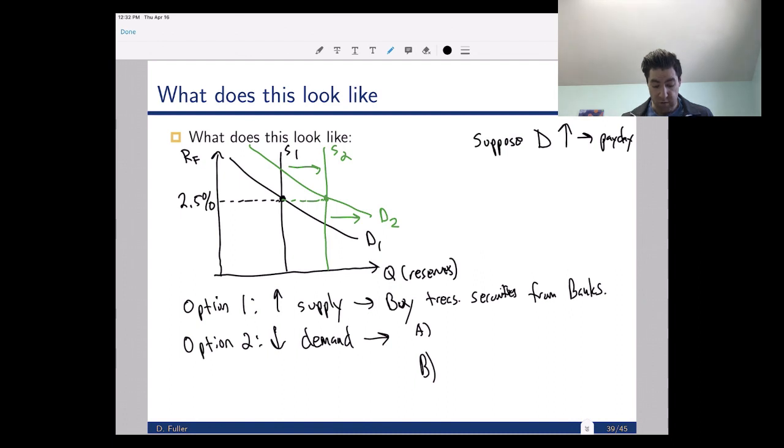And so I'm going to increase the interest I pay on reserves. And that would then shift demand back to the left. When I increase interest on reserves, demand shifts left. That's this red line. This is option 2.